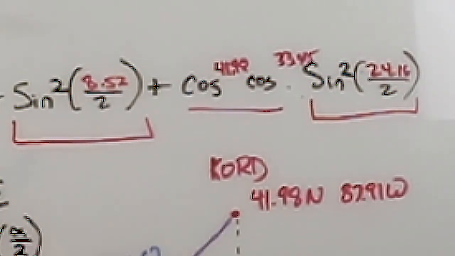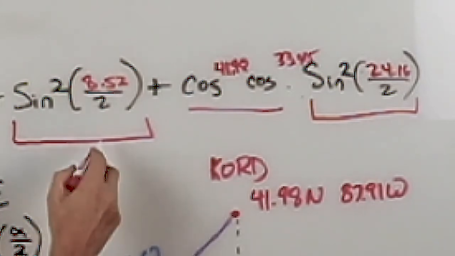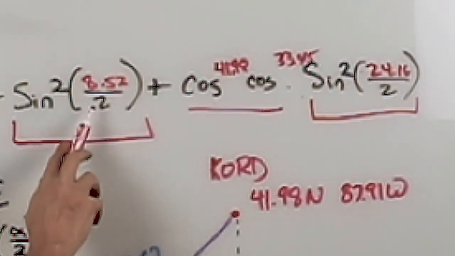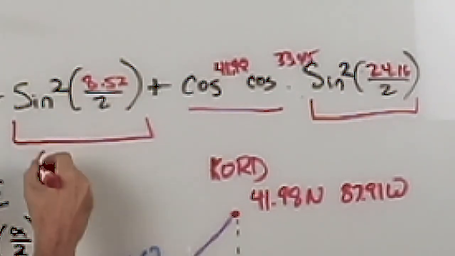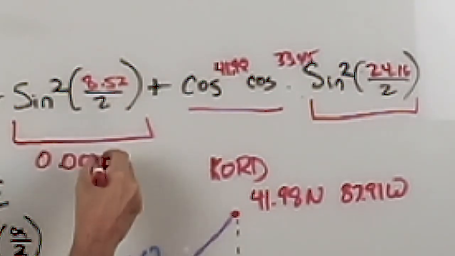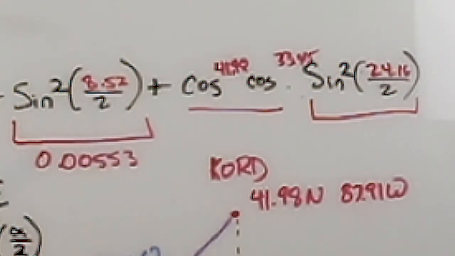Well, this term right here, if you take the sine of half of 8.53 and square it, you're going to get 0.00553.